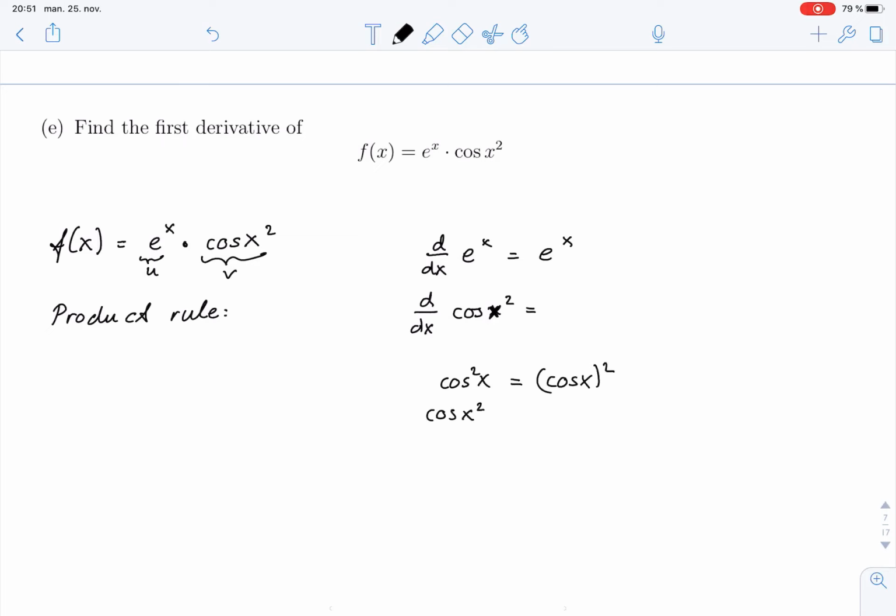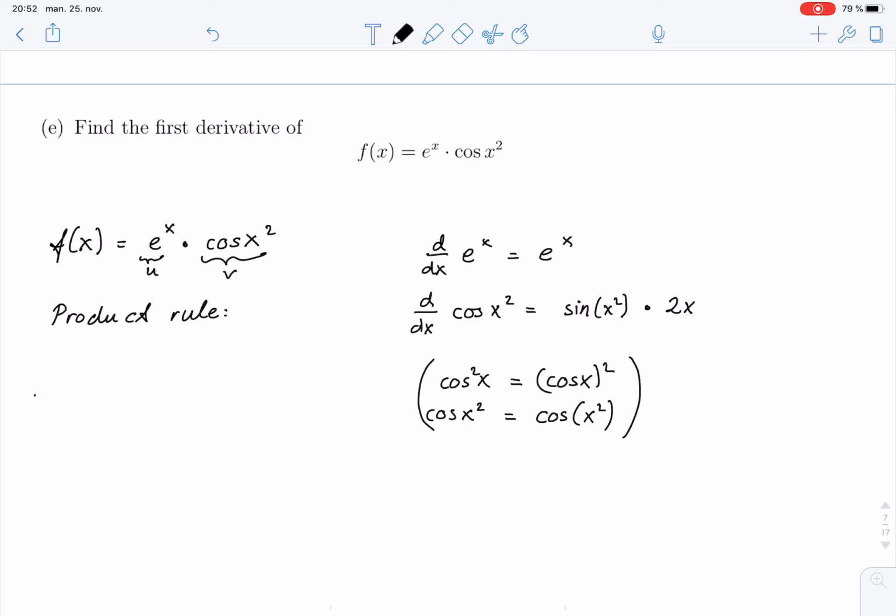But when you put the squared thing after the x, you take the cosine of x squared. So in this case, you will first need to use the chain rule, and the derivative of cosine is minus sine. And then we use the chain rule and find the derivative of what's inside the parentheses. Okay.